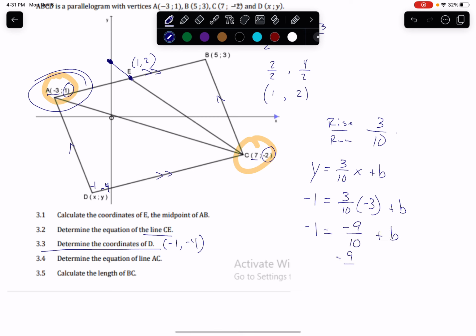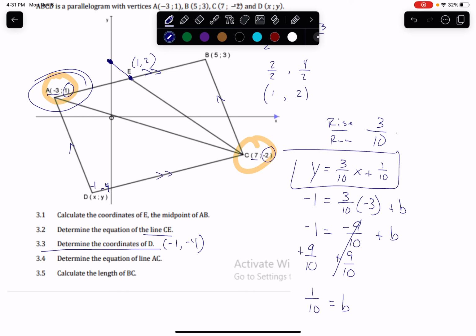We'll add it away to get to 0. And 1 plus 9/10 would be 1/10. So my equation then, I'm going to take that and erase it off and put a 1/10 right there. Positive 1/10. There's my equation for AC.